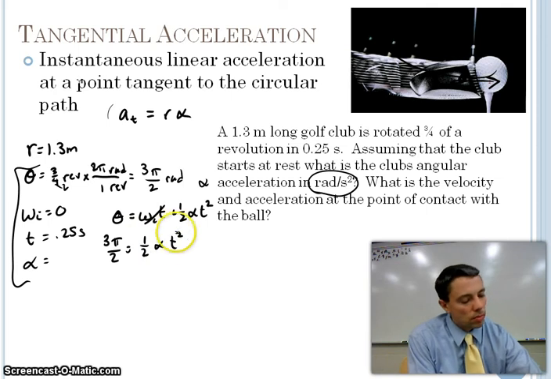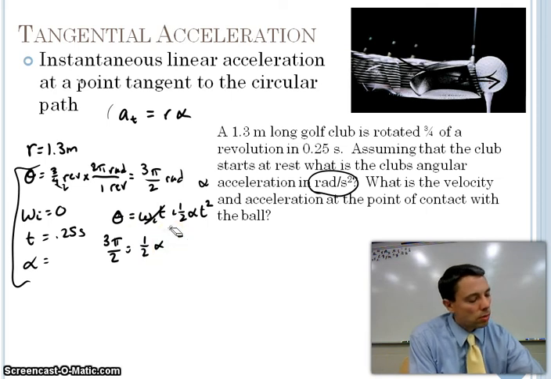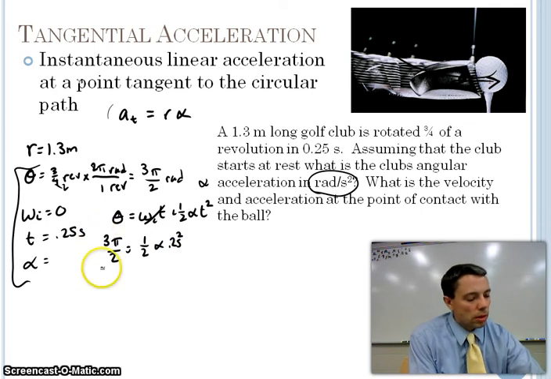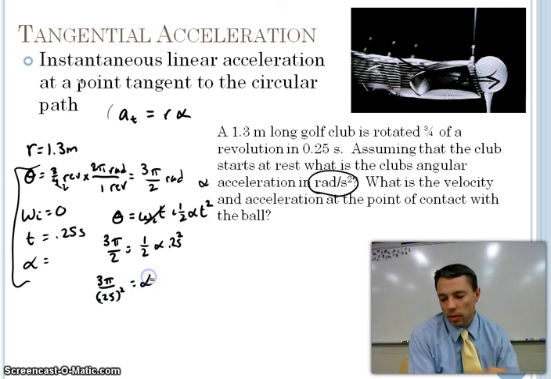And t is a number, 0.25. I'm going to multiply this by 2, that'll cancel the 1/2, and so it'll be 3 pi divided by 0.25 squared is equal to alpha.